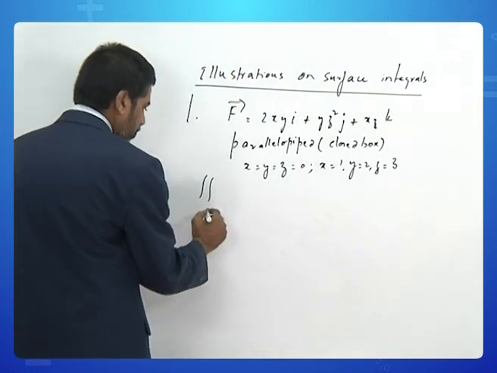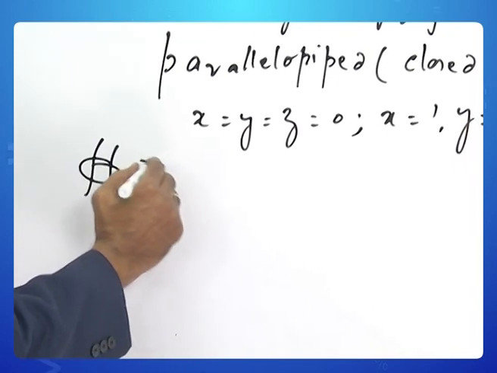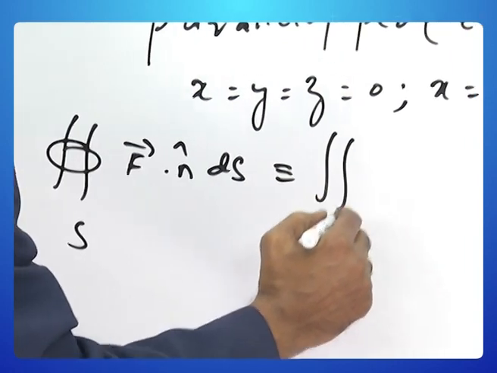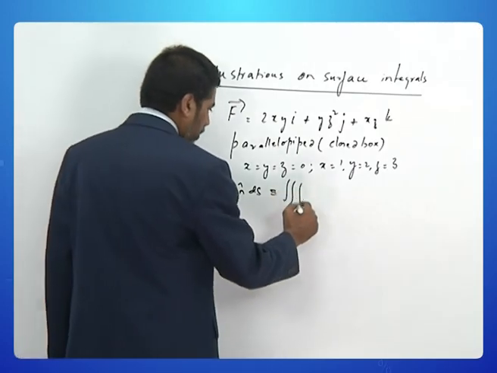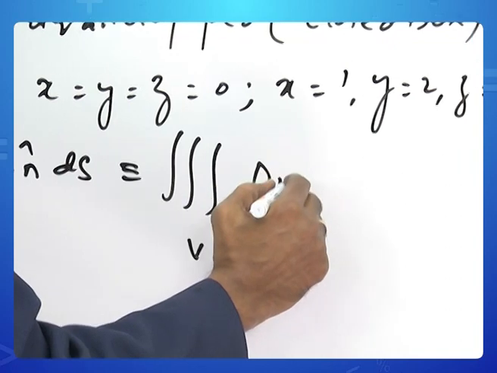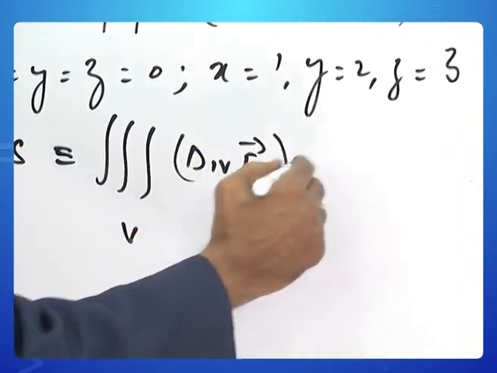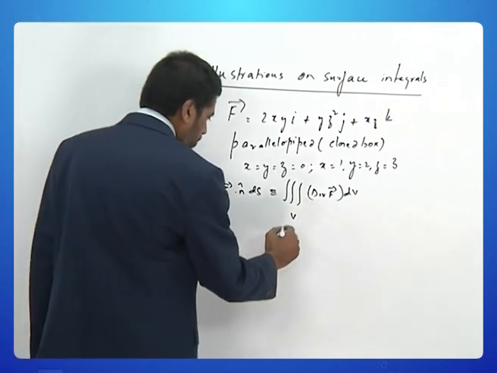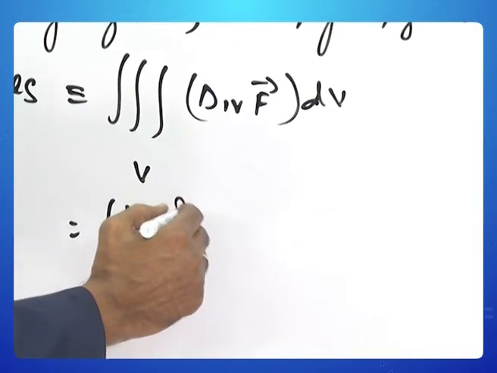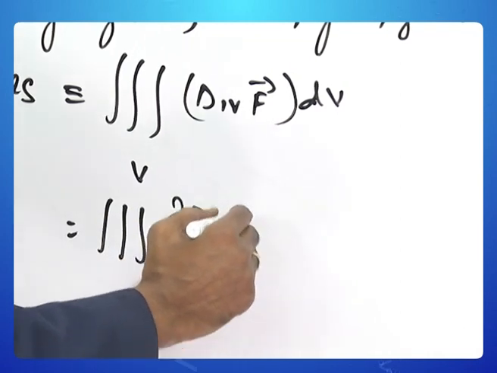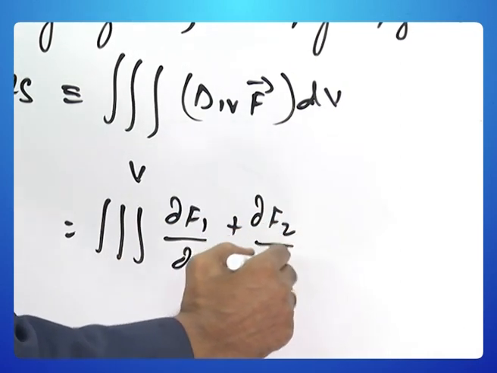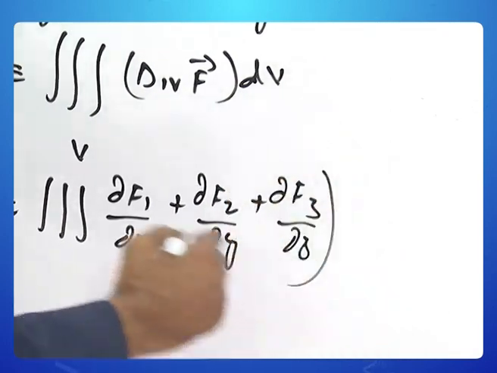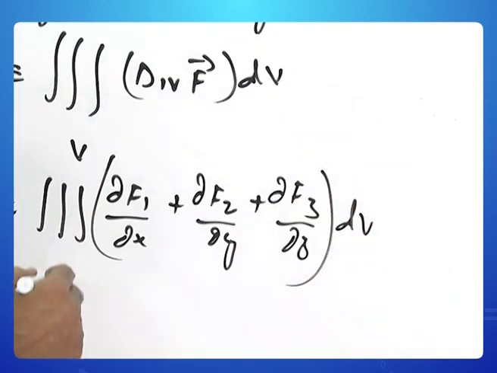So, we will write closed surface integral f dot n cap ds is identically equal to the volume integral of the divergence of f dv. Now, divergence of f is nothing but ∂f1/∂x + ∂f2/∂y + ∂f3/∂z dv.